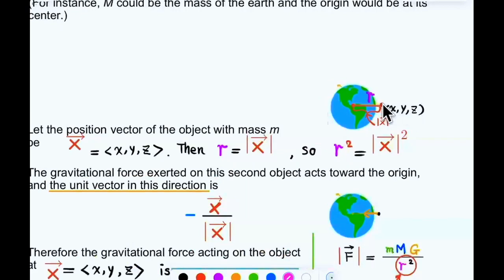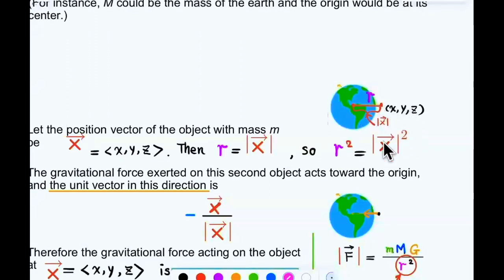You have an object in outer space that has this XYZ coordinate. The position vector of this point in outer space will be x arrow right here. Then the r here is from this object to the center of the Earth. R here is from the object to the center of the Earth.